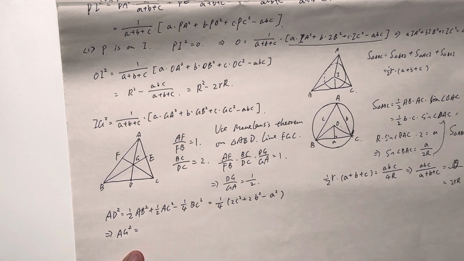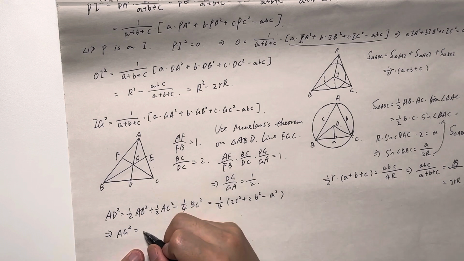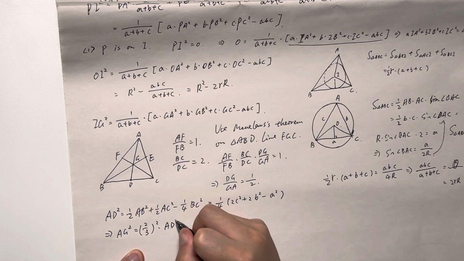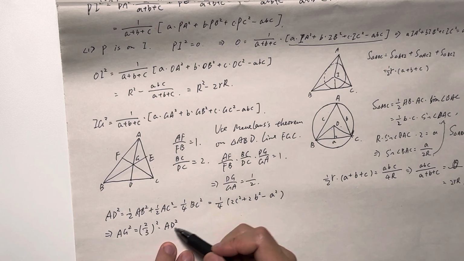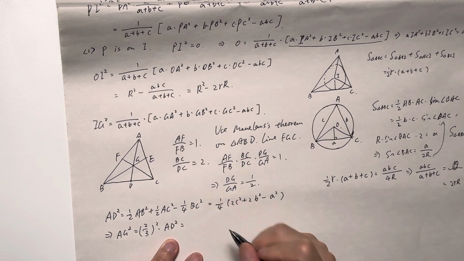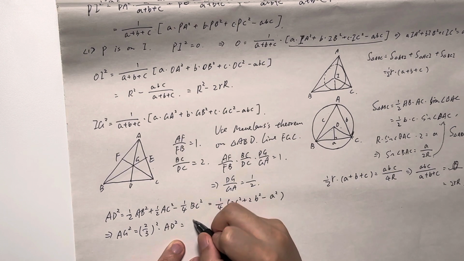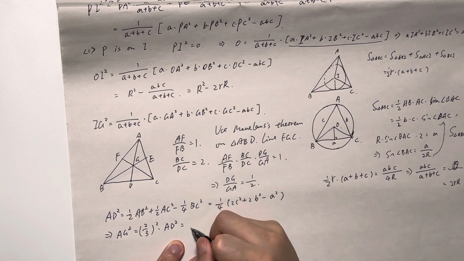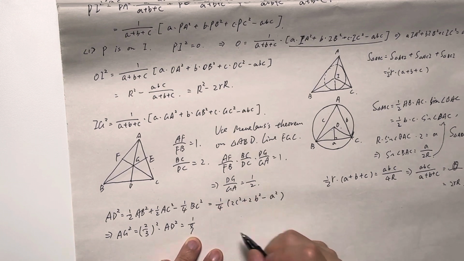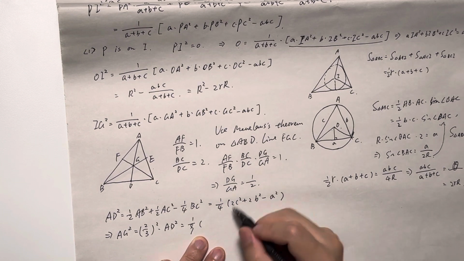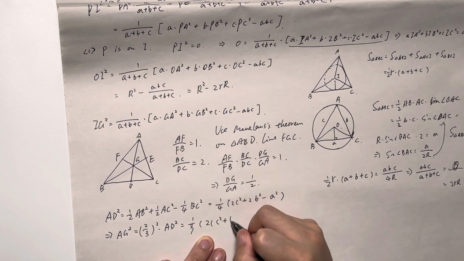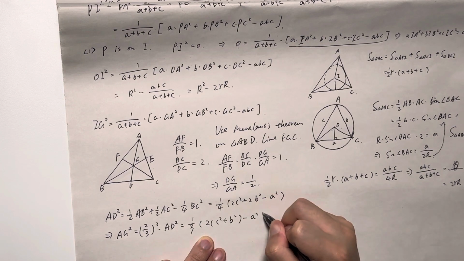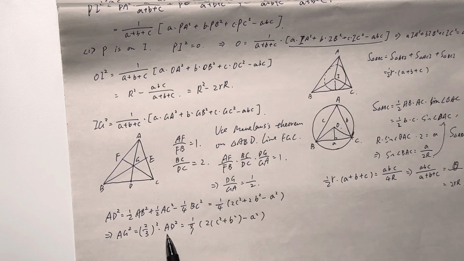Which means AG squared equals 2/3 squared times AD squared, which equals 1/9 times this one, 2c squared plus 2b squared minus a squared. That's AD squared.